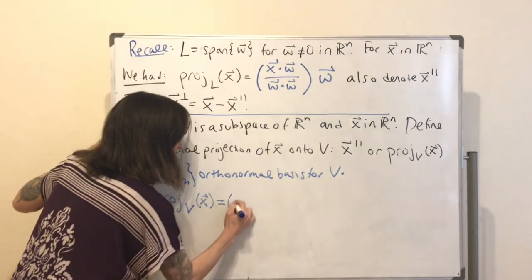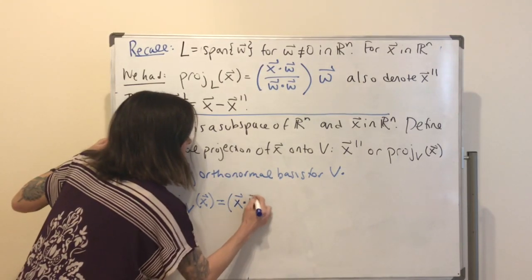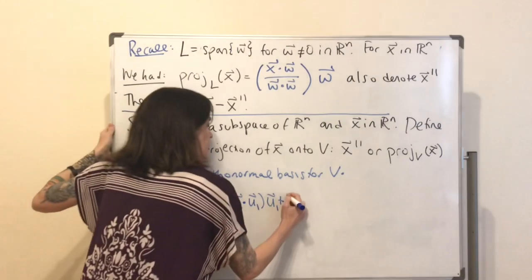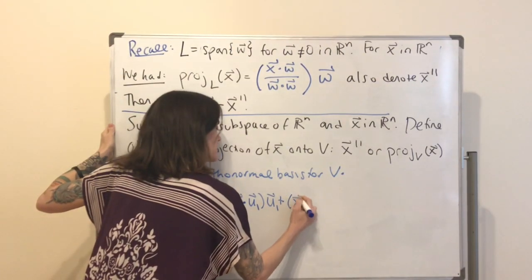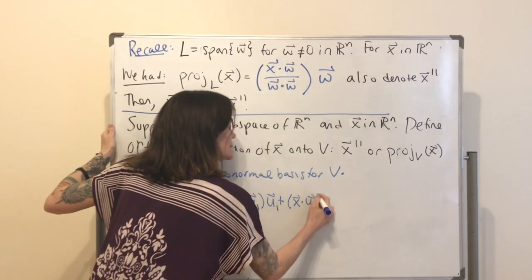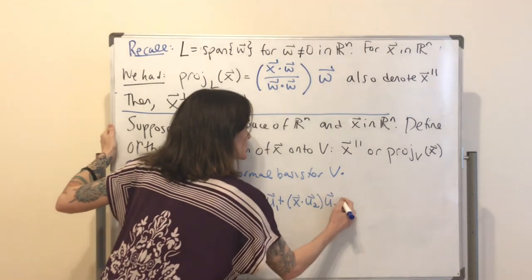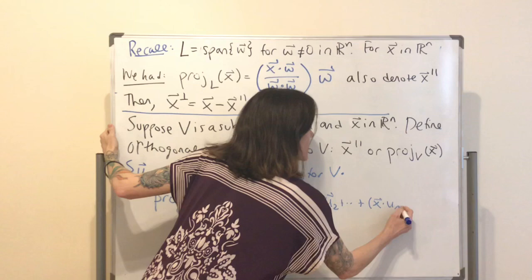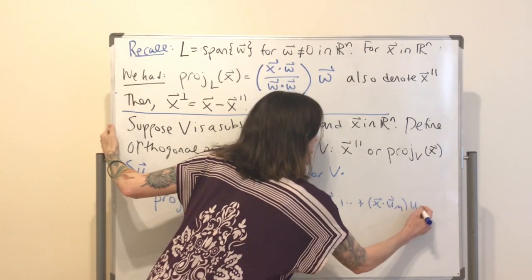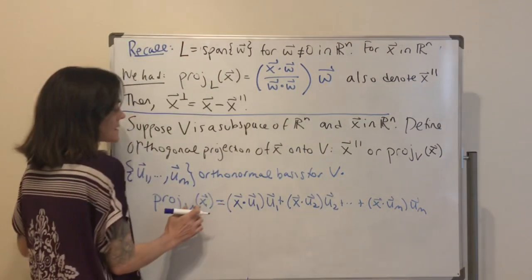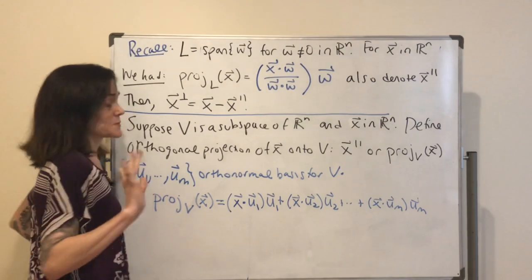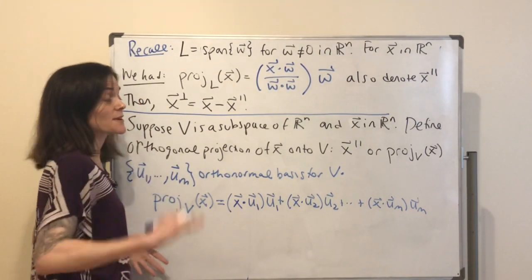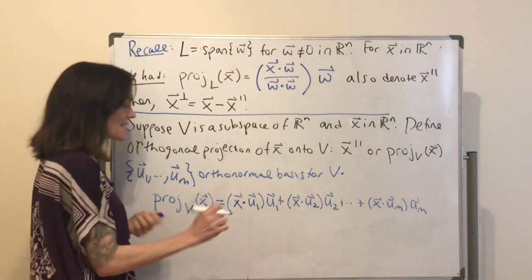So it will be X dot U1, this is the coefficient, times U1, plus X dot U2, this is the coefficient, times U2, all the way out to X dot UM, this is the coefficient, times UM. And you see this projection is a linear combination of the basis vectors for V. This linear combination is in V.